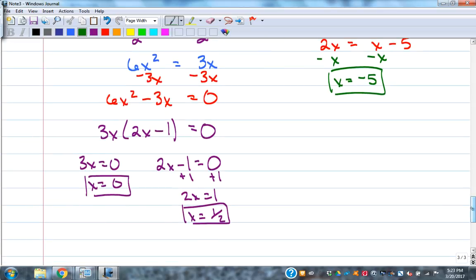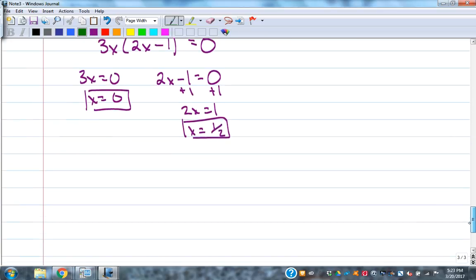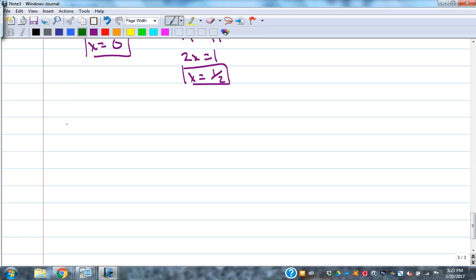Where it would get a little bit more difficult would be one like this, where you had e to the 7x times e to the x squared is equal to e to the -12. It looks extremely hard because there's a lot of e's in there.